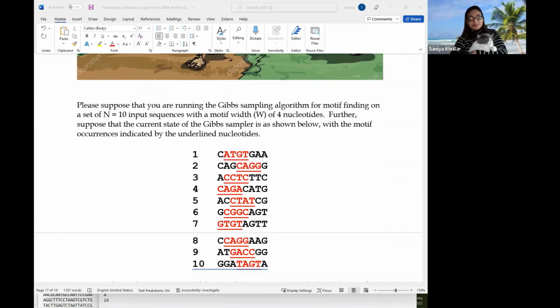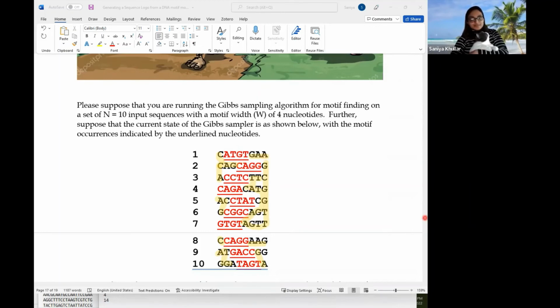I go more in depth when I talk about Gibbs sampling, but these rest ones are background, so we can ignore them right now. In the sequence logo, we're only looking at the motif parts, not the background. The yellow parts are the background. We are only concerned with these motif occurrences.